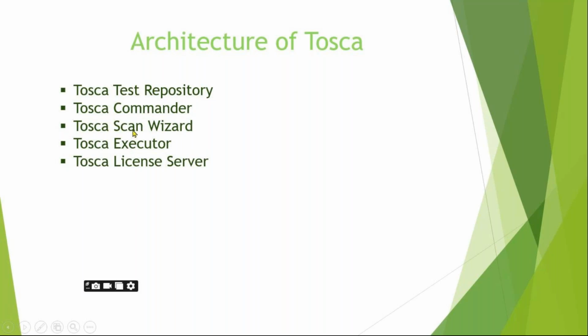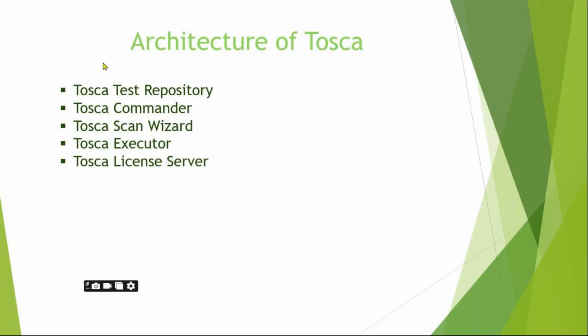Xscan is something which will be used in the module section. And Tosca Executor is a screen which will appear when we will be executing any test cases. And this Tosca license server is something which we can just see when we are having an on-premise license. Okay, so these five are very important from the point of view of the interview.